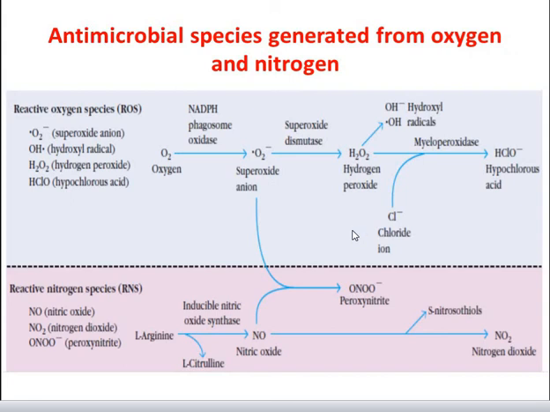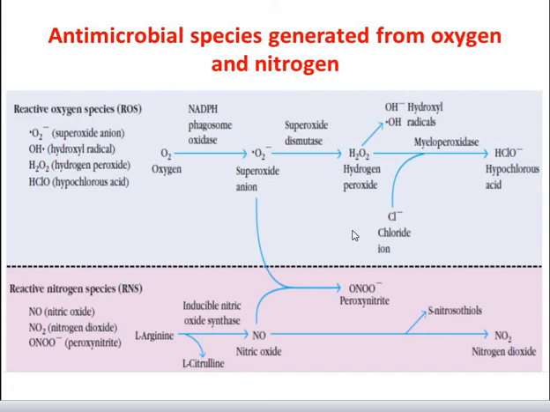NADPH oxidase converts oxygen to superoxide ions. Other ROS generated by the action of additional enzymes are hydrogen peroxide, that is H2O2, and hypochlorous acid, that is HClO, the active component of household bleach.